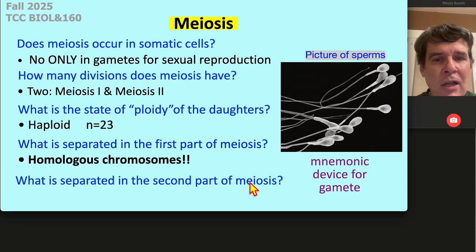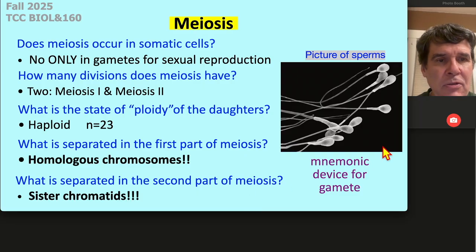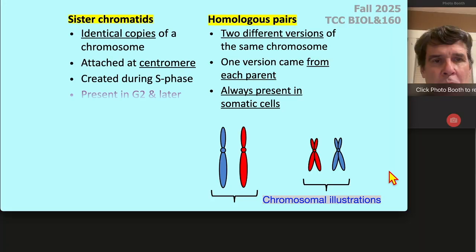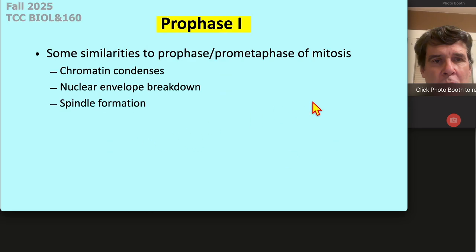You got it, homologous chromosomes. And in the second part, that's right, the sister chromatids. One more time, a little visual reminder. Only after the separation of the homologous pairs is the separation of the sister chromatids.